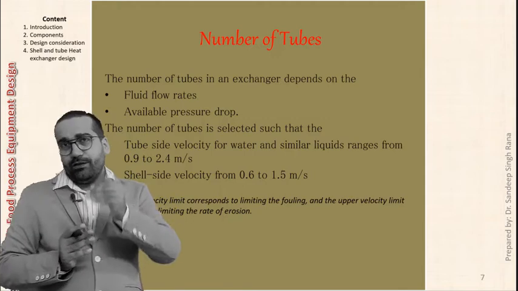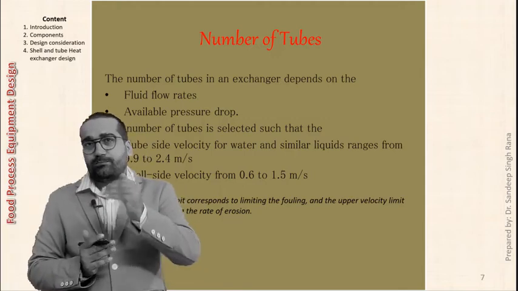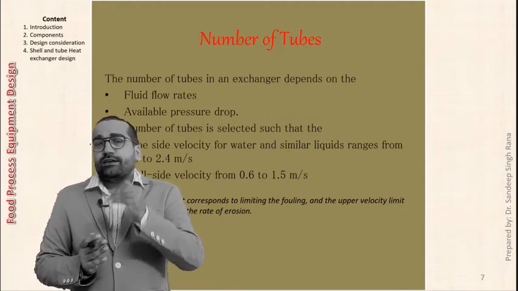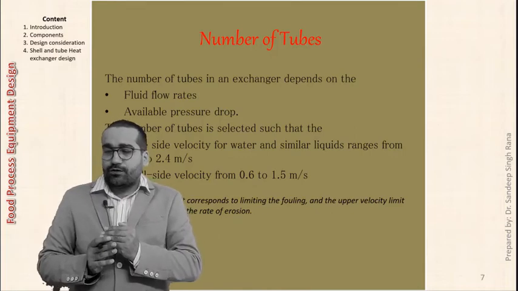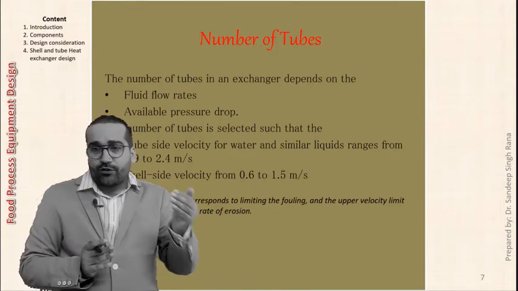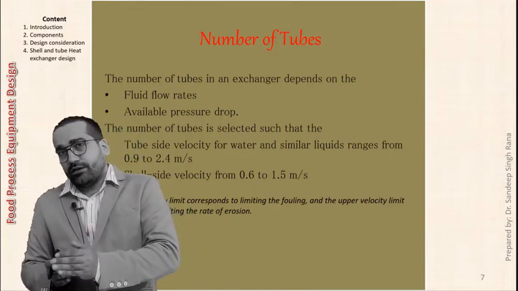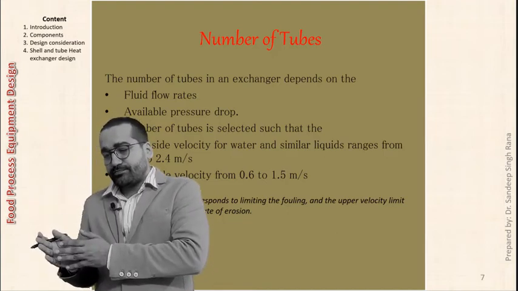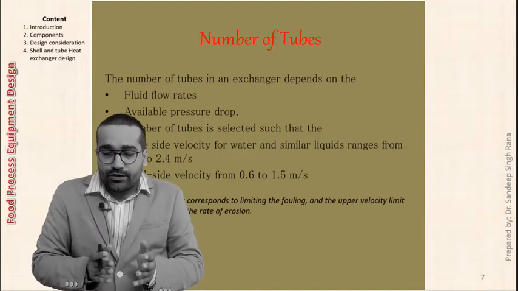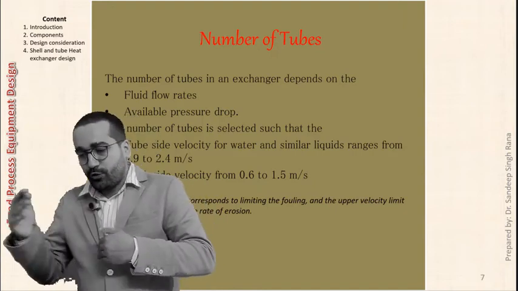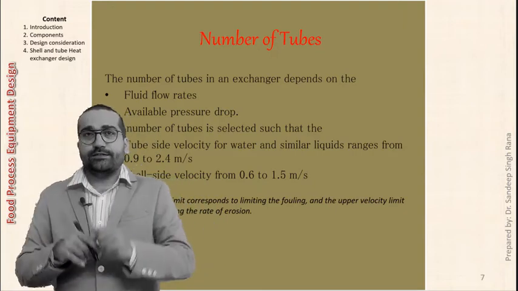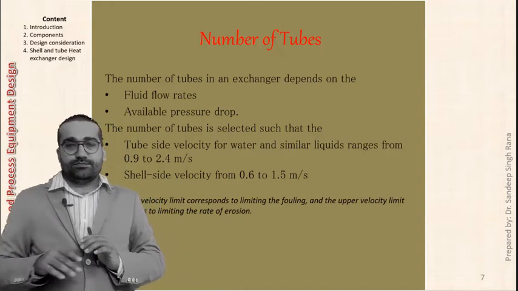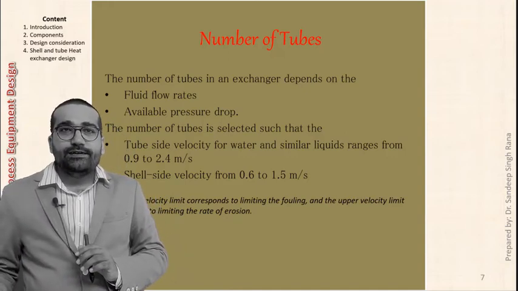In brief, the number of tubes depends upon the internal diameter of the shell, tube outside diameter, tube pitch, tube layout, number of tube passes, etc. So coming to the next slide.